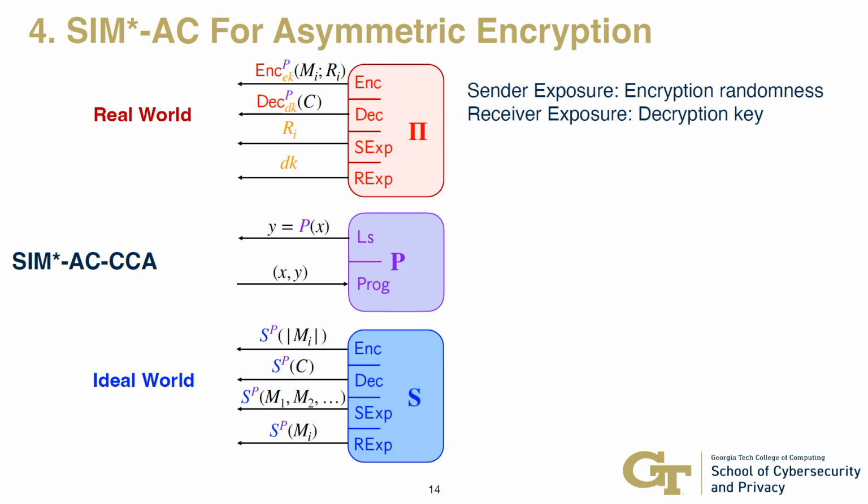In terms of simulation, the encryption simulation and decryption simulation work kind of the same. My arrows here are backwards on the bottom, by the way, but for sender exposures, you're given just the message to the simulator for that one encryption that's being compromised. For receiver exposures, we give the simulator all of the previous messages.